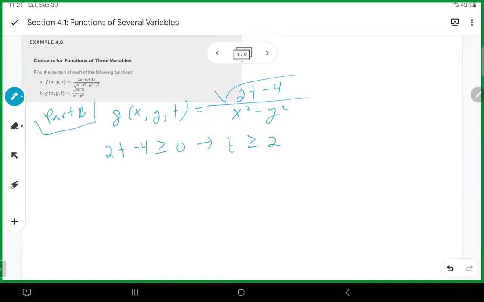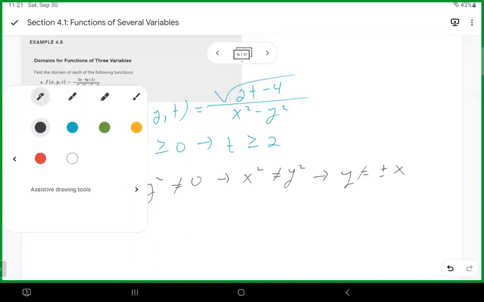Since the denominator cannot be 0, that would mean that x squared minus y squared cannot be 0, or that x squared cannot be y squared, which can be written as well as y cannot be plus or minus x, which are the equations of two lines passing through the origin.